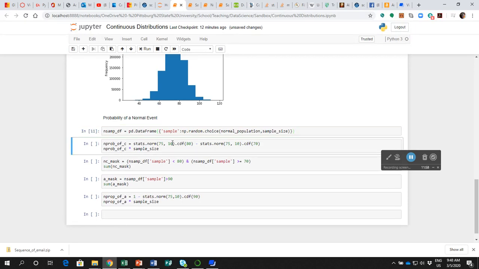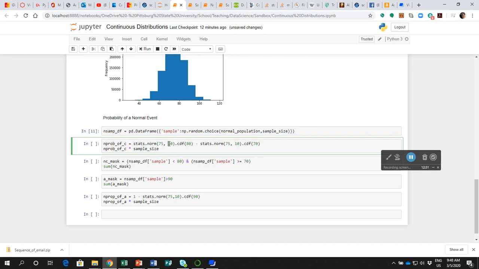With this one, I'm going to calculate the probability of getting a C. Call this n prob of C, because n for normal. And again, we're calculating the CDF here, the cumulative distribution of a normal distribution, norm, as SciPy calls it.